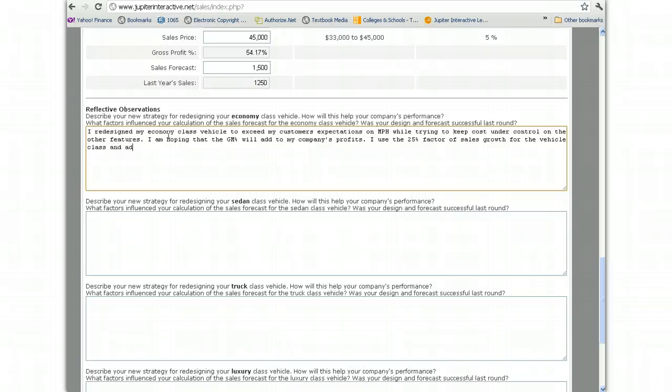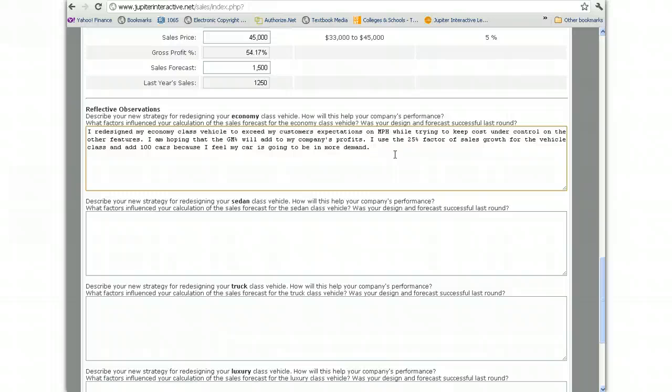And added 100 cars. Okay, so here's just a basic, just saying my car is going to be more demand, so I forecast a little bit higher. All right, so this is just a very stripped down approach to this reflective observation.